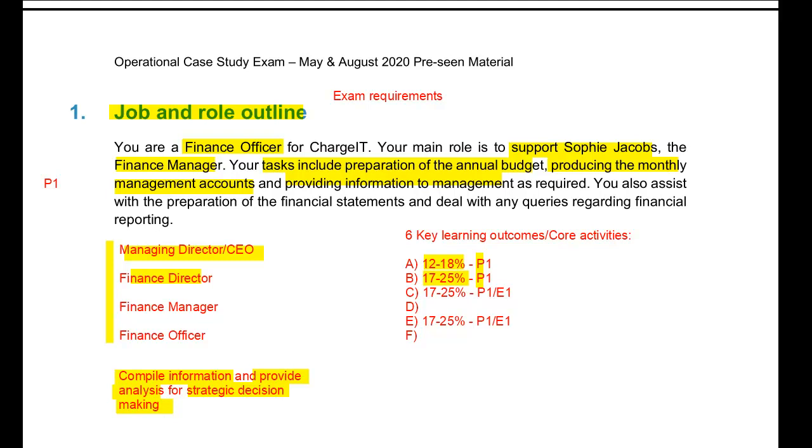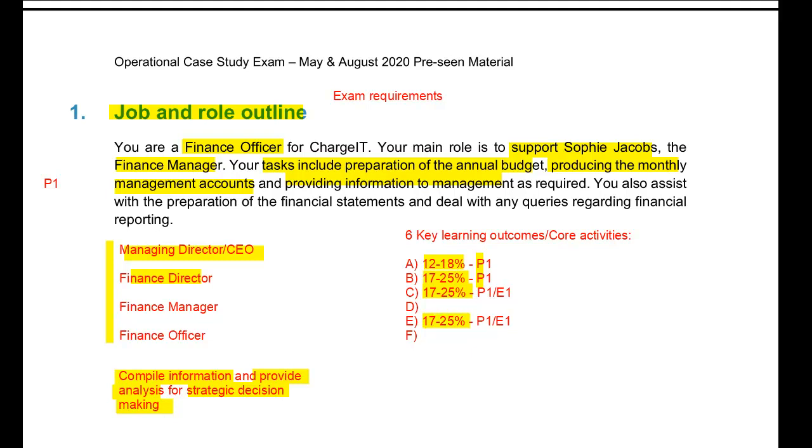So when thinking back to our 6 key learning outcomes, C is centered around the analysis of performance using financial and non-financial information, and this accounts for between 17 and 25% of your exam. While key learning outcome E centers around the preparation of information to support short-term decision making, and again this accounts for between 15 and 25% of your exam.